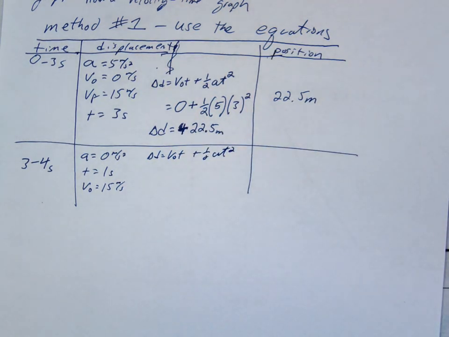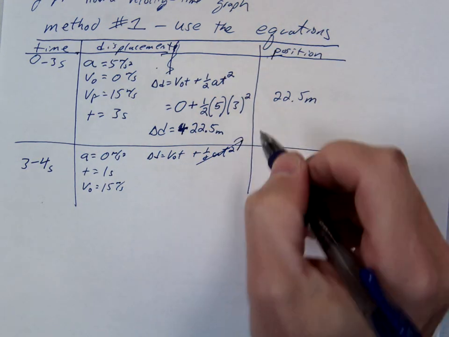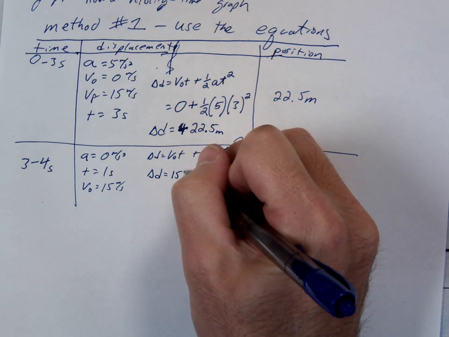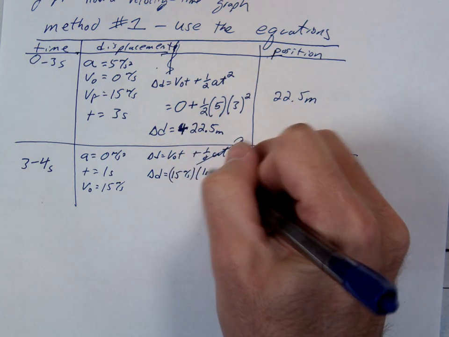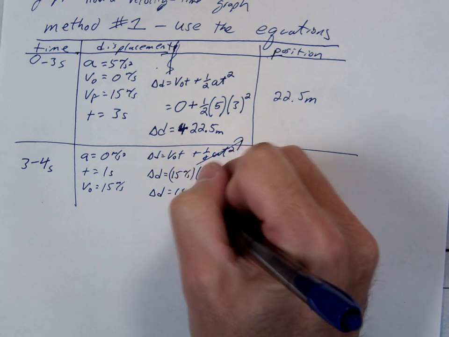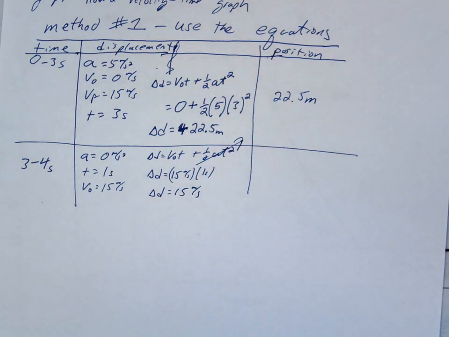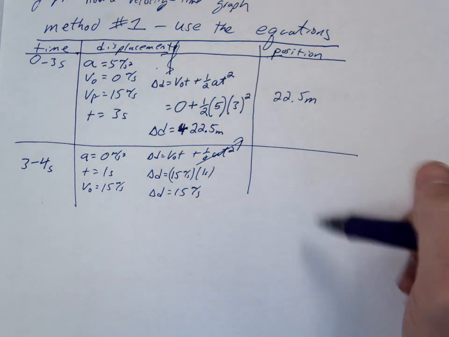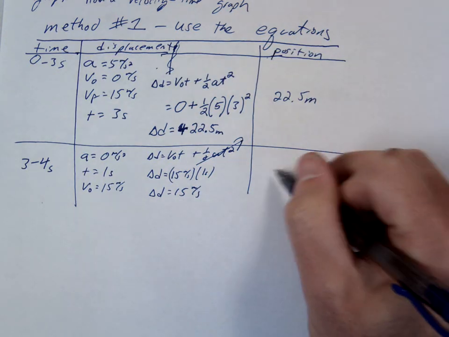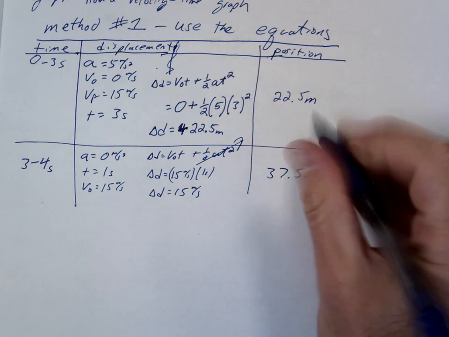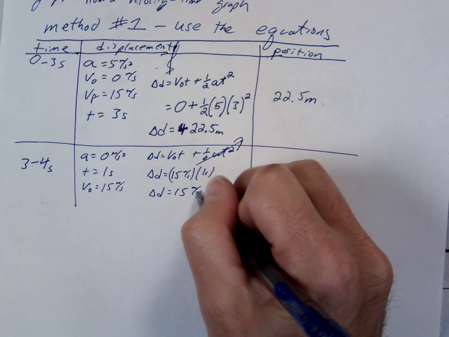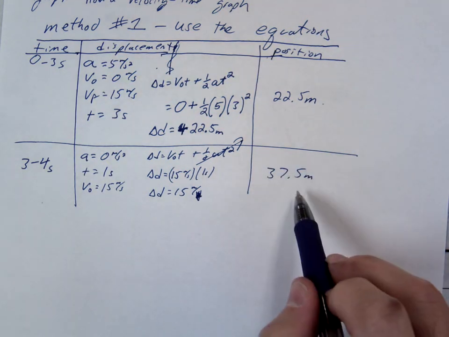In this case, since a is 0, what happens to that second term? Goes away, right? So this is really just delta d equals 15 times 1, which is 15. So that's my displacement. Where am I now? What's my position? Okay, so we started at 22.5, and then we went 15 more meters, and we're now at 37.5.